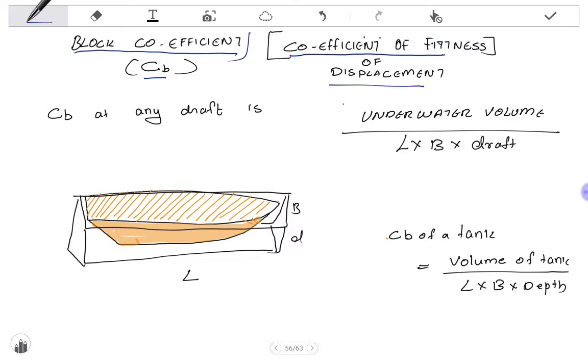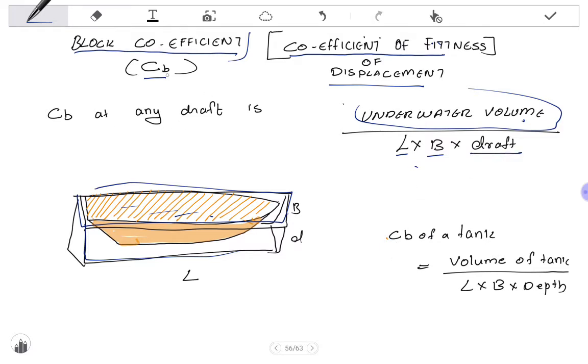Similarly to the water plane coefficient, the block coefficient is the ratio of the underwater volume of the ship divided by the volume of the box containing that underwater volume. So underwater volume of the ship divided by length of the ship and breadth of the ship at that particular draft and the draft of the vessel at that time.